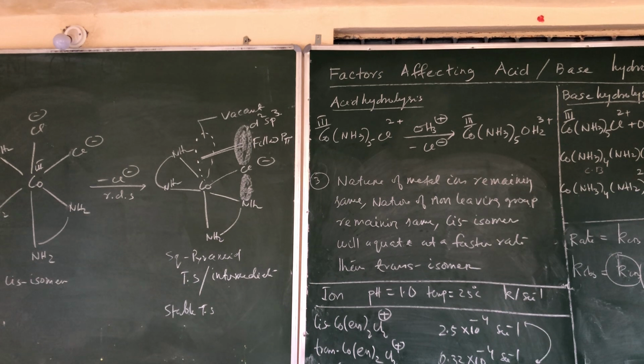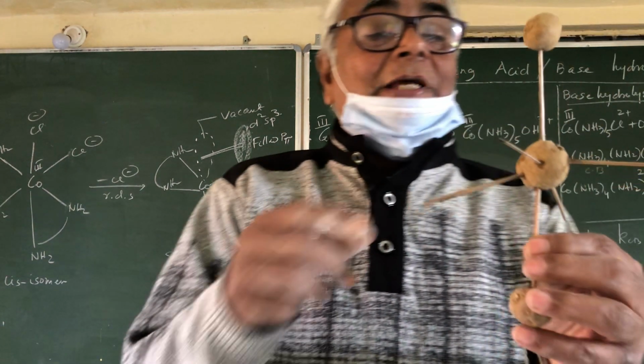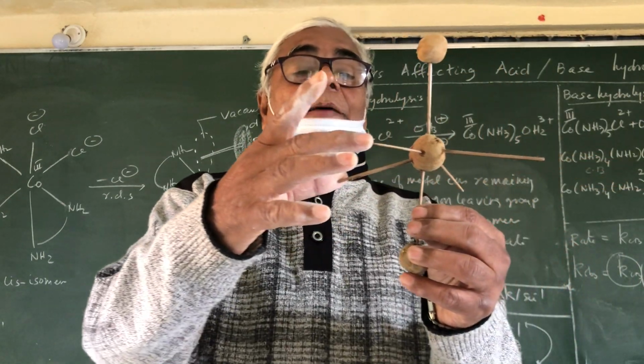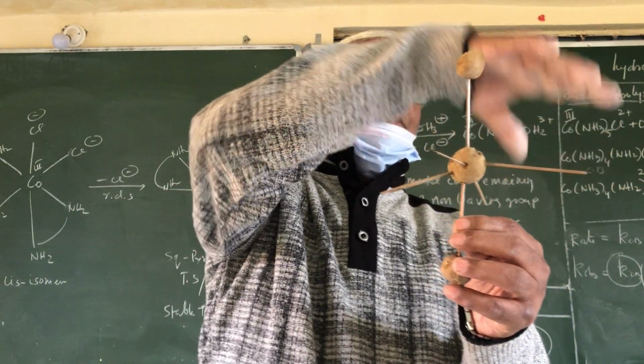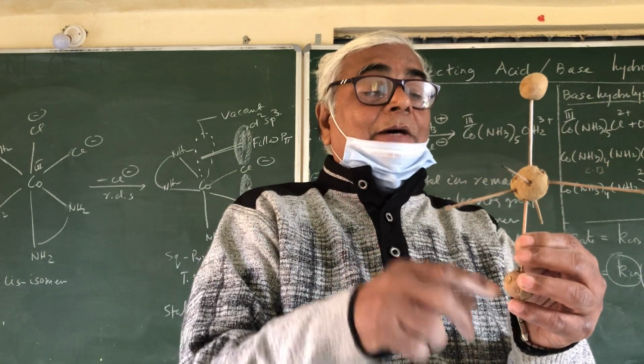So if you look at the trans isomer, this is the trans isomer. One ethylene diamine unit here, another ethylene diamine unit, one chloride up, another chloride down.